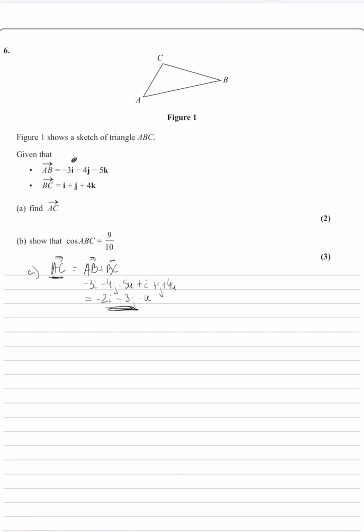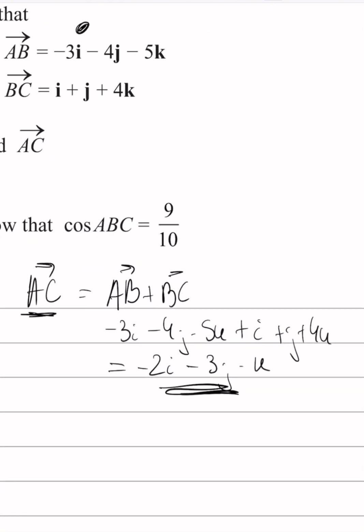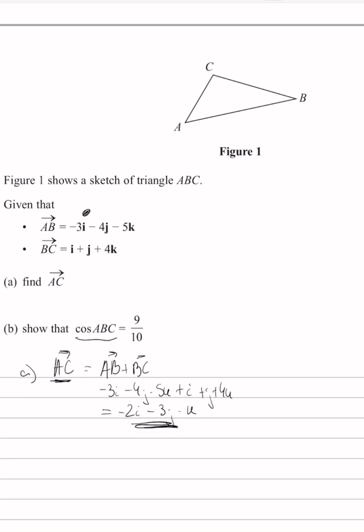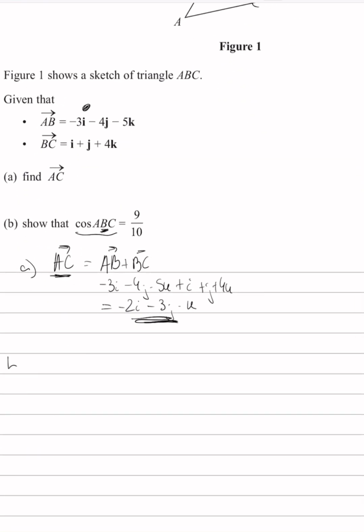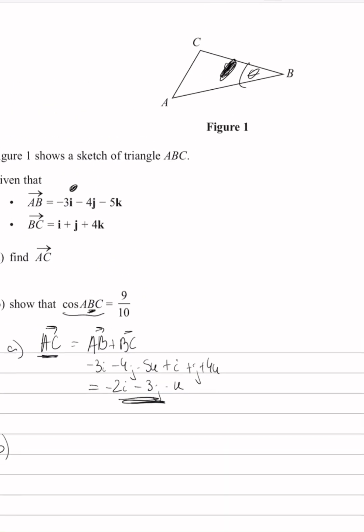For part B, we want to show that cos ABC is 9 over 10. So in this case, we want to show that this angle, as the middle letter is B, so is this one, is cos 9 over 10. We can do that by finding the lengths of each side.